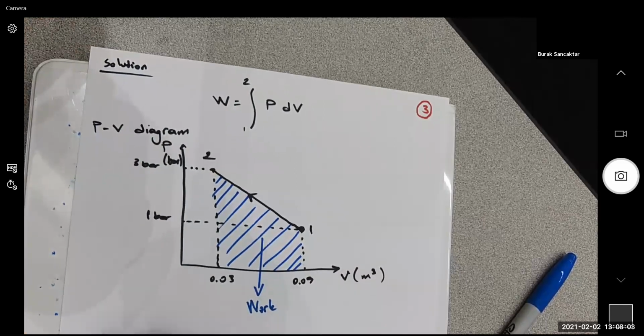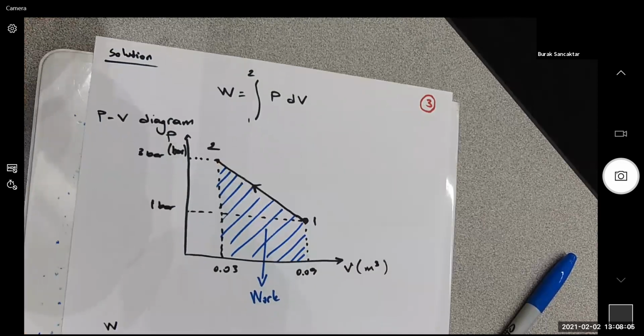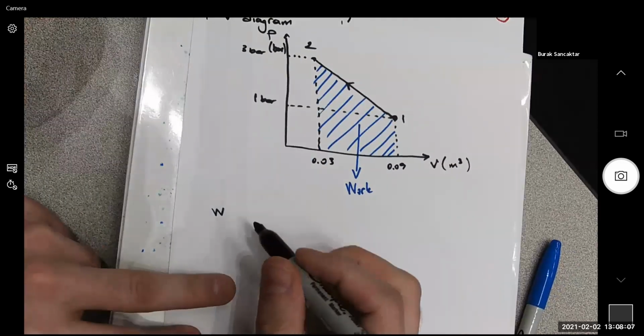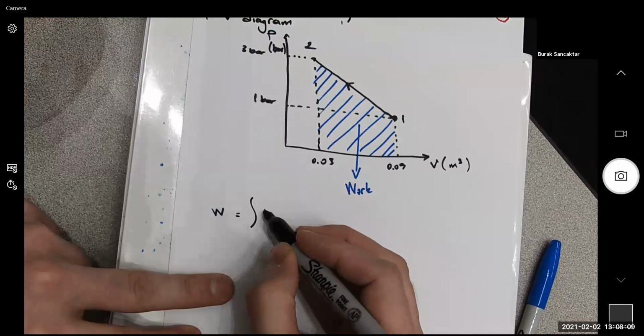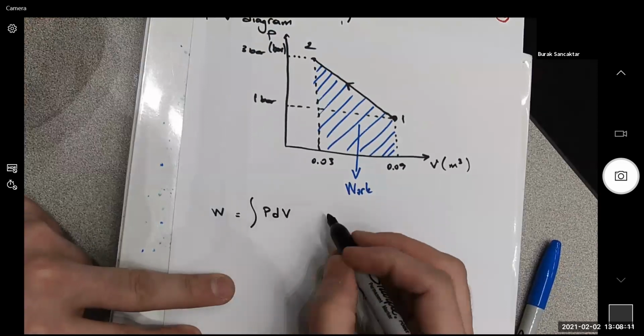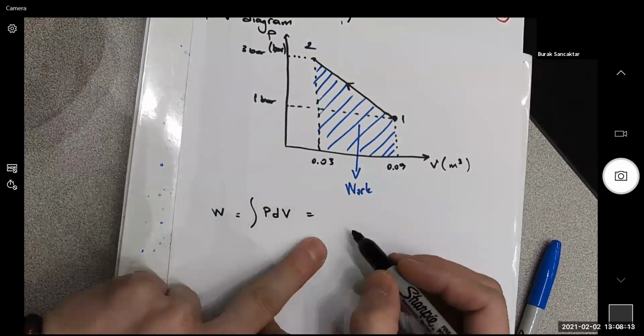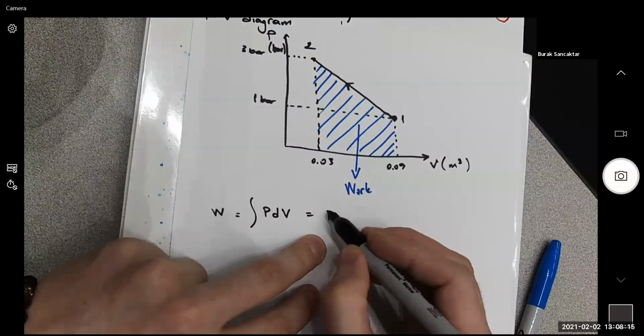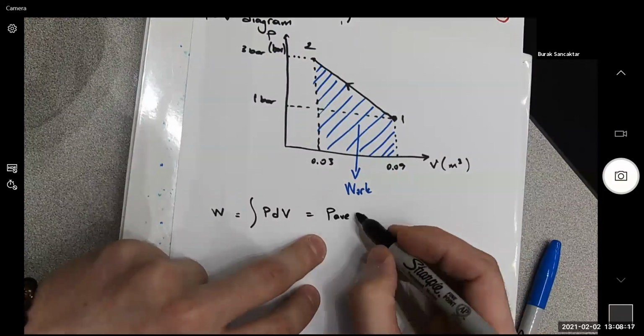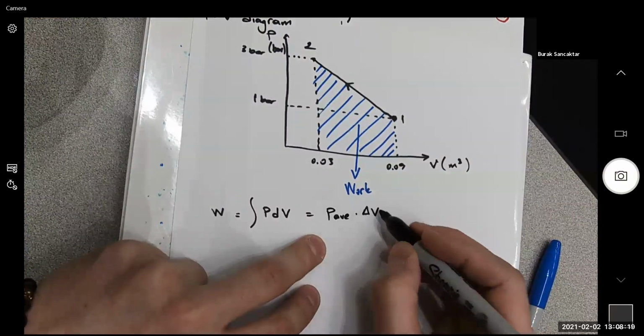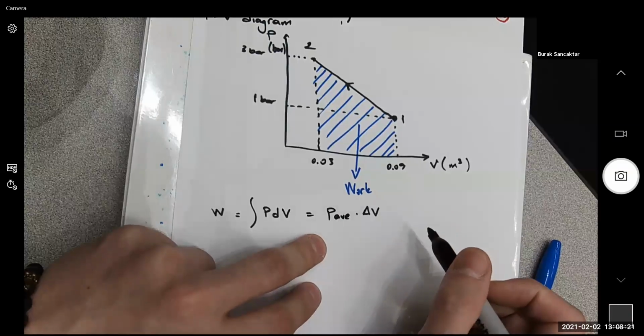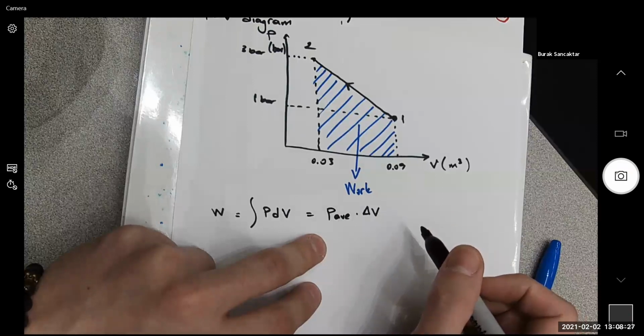The work is the average pressure times the volume difference. In this case, I can take the average pressure because my process is linear.